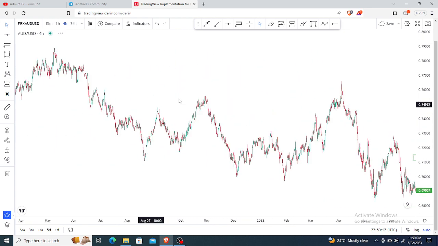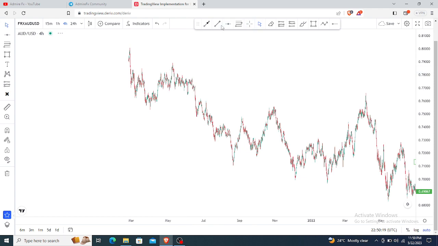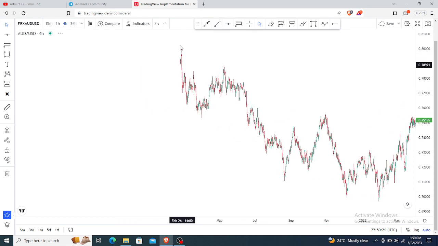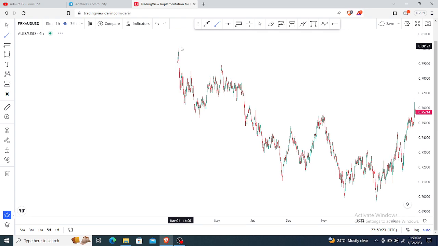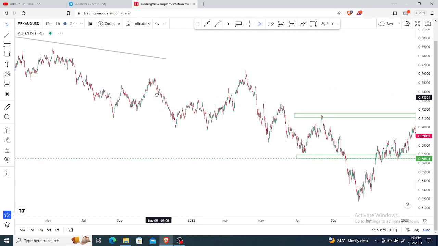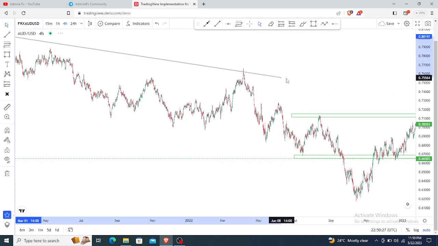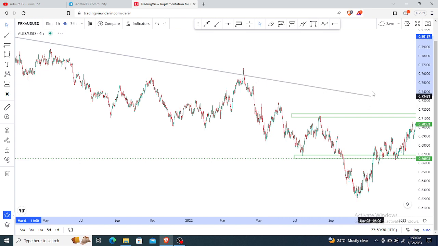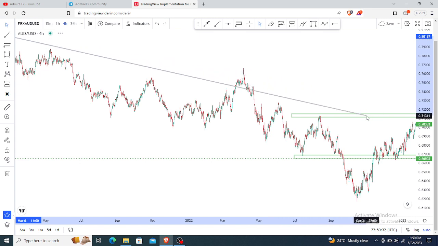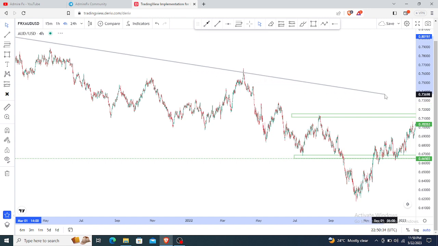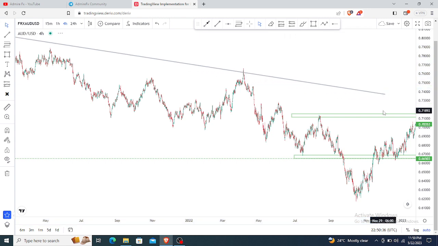Okay, since this trend has been on a very nice downtrend, knowing your trend means you can plot trend lines as far as you can. All right, so there we have our trend line.